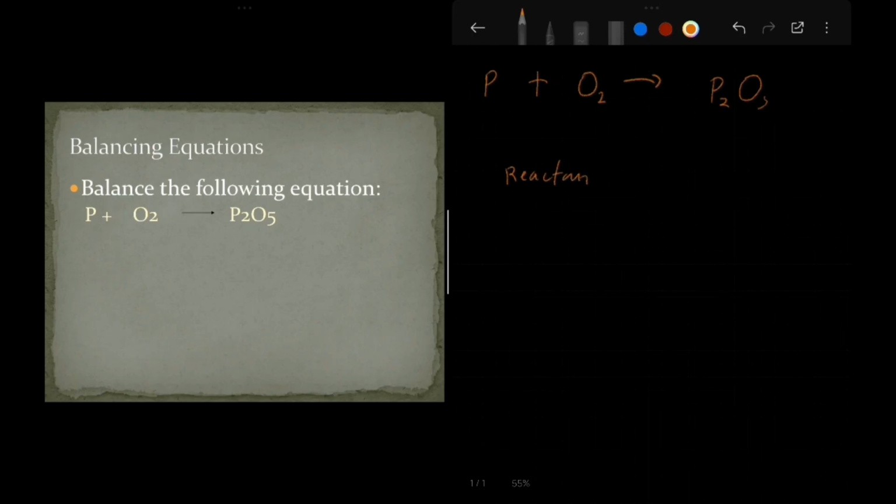Reactant. Product. Let us all put the chemical symbol on each side. So in the reactant, we have the phosphorus and then the oxygen. The other side, we have the phosphorus and oxygen.